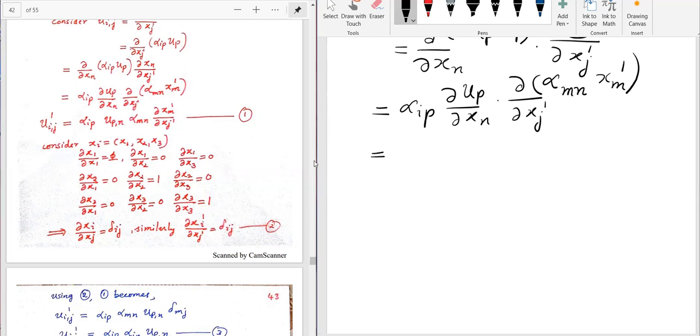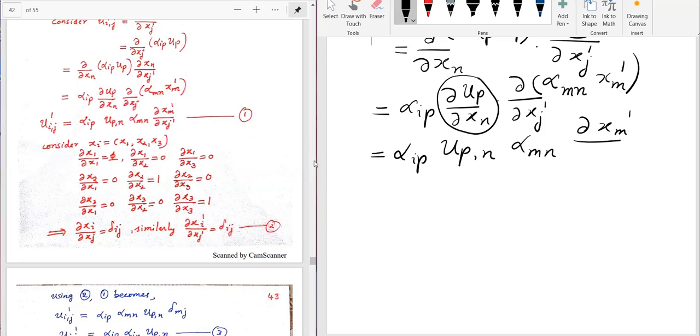So that is equal to alpha ip and one u, this whole thing we can write as u p comma n, right? Alpha mn outside. Then we have dou xm dash by dou xg dash, fine. Let us call this equation 1.